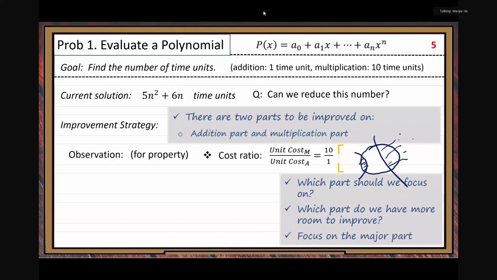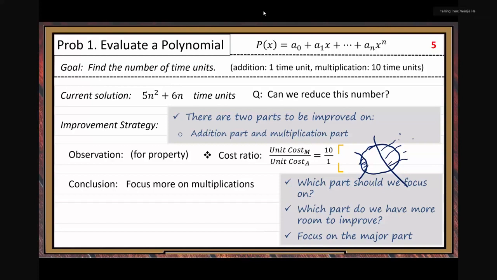So we should focus on the major part, not the minor part. On the minor part, you waste your resource. No matter how hard you try, your improvement is very small. All right, the conclusion: focus more on multiplications.